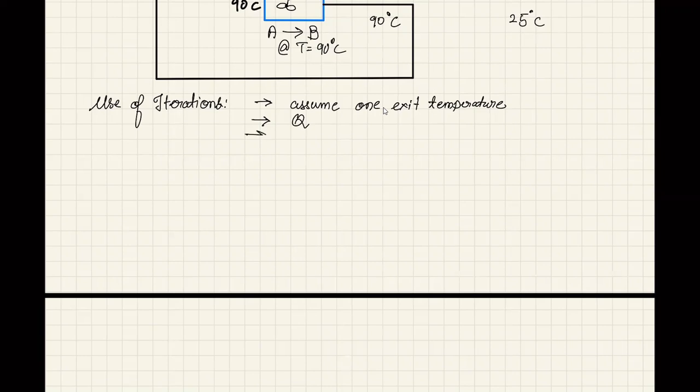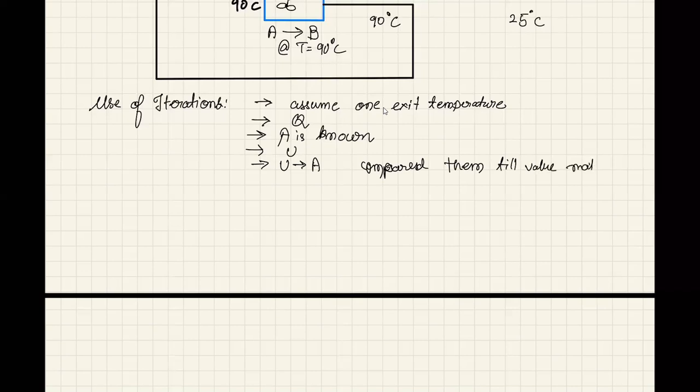I am considering that the area is known. Maybe you knew the heat exchanger, or the area was known as a starting point. Then you calculated U, and based on U you went on to A and compared them, until the values match, and so on.